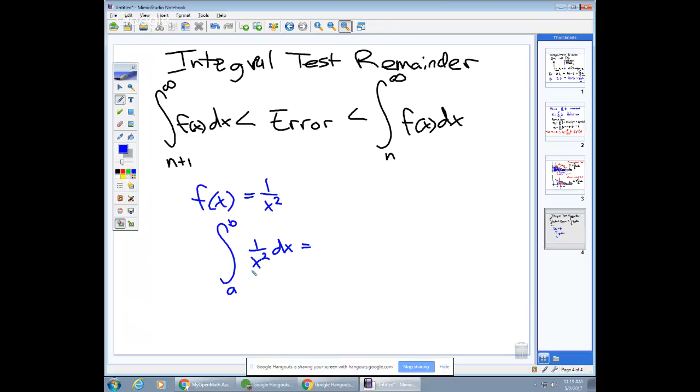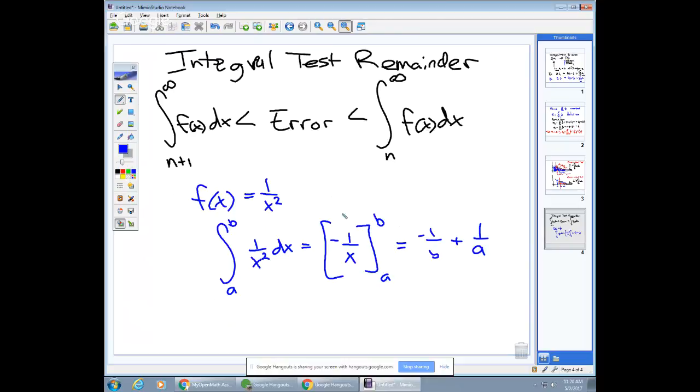Antiderivative. So let's see, that's x to the negative 2. We would add 1, give us x to the negative 1, divide by negative 1. So an antiderivative here would be negative 1 over x, right? Evaluating that from a to b is going to give me negative 1 over b minus negative 1 over a, so plus 1 over a.